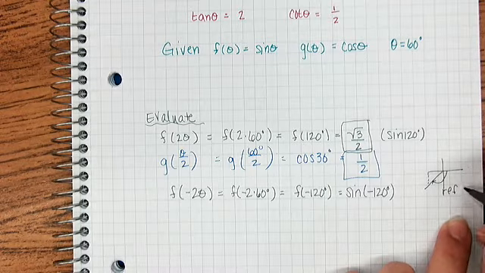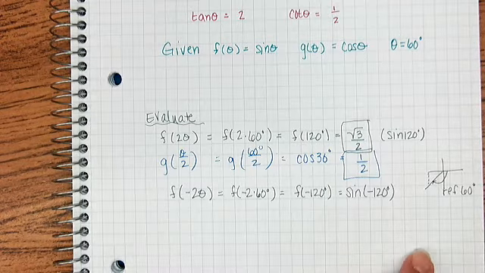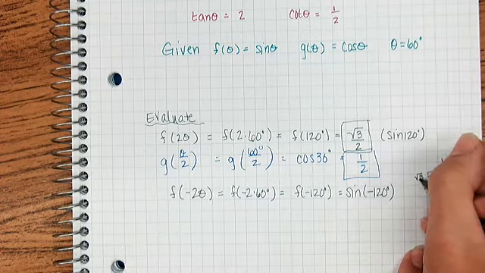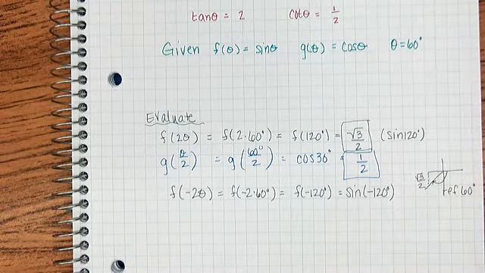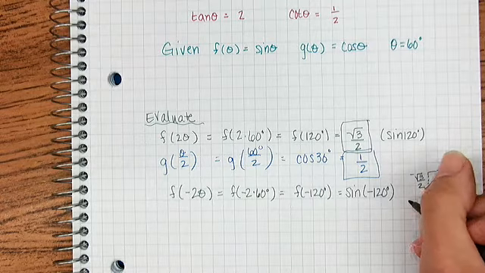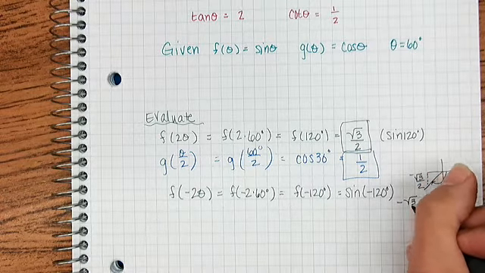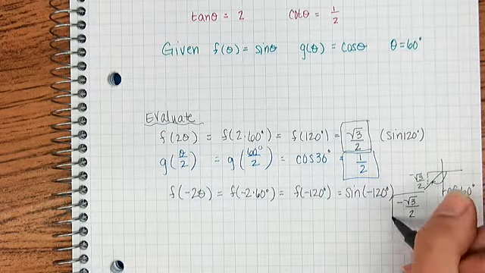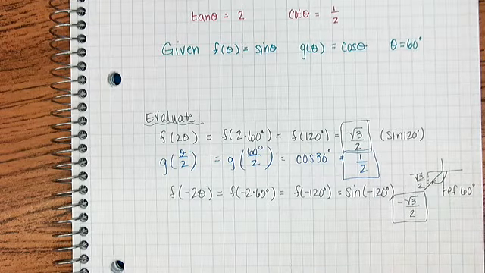The reference angle is 60. Opposite the 60 is √3/2. And then it's in quadrant 3, so it's negative. It's imperative that you know how to find the sines, cosines, etc. You know that sine of 60 is √3/2. Sine of 30 is 1/2. And then from there, you can figure out your positives and negatives.